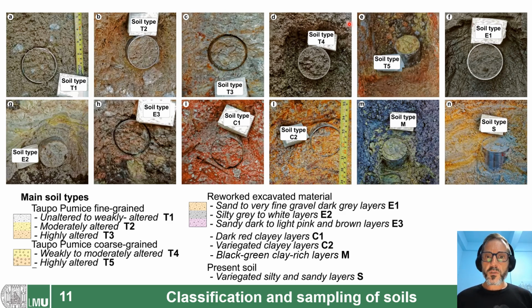Then we also have other layers that include the contact material, which is more dominated by a clay component. On average it is moderately to highly altered, and many times most of the features of the original deposit are completely lost. Another soil type is the mud, which is dominant in many of the mud pools around the features we recognized and discussed in the first part of the module.